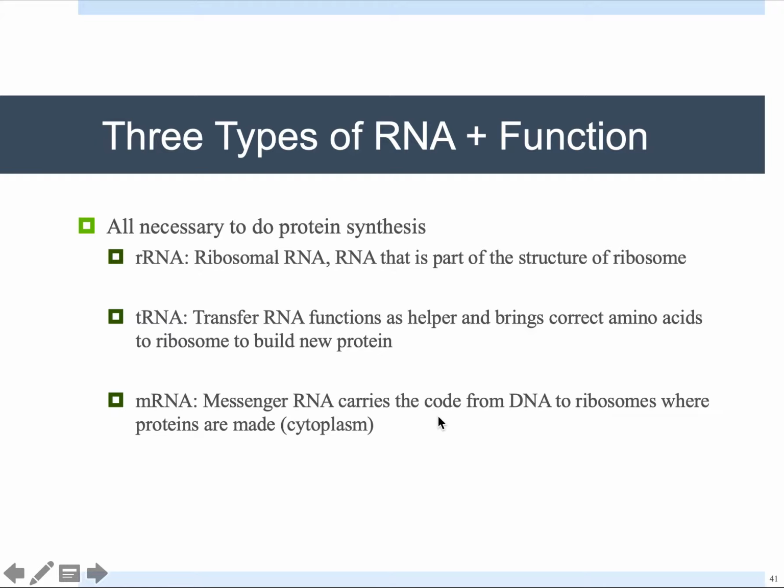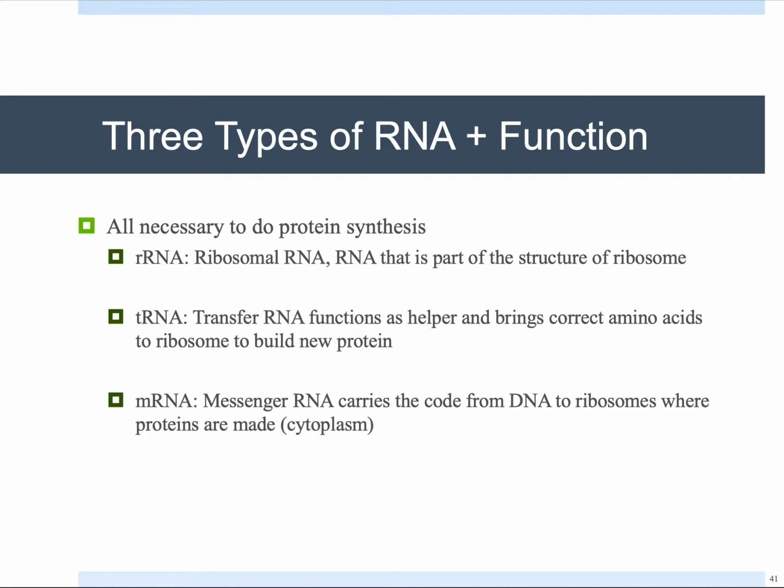There are 3 types of RNA, and the types are based on the different roles that they play in protein synthesis. So there is rRNA, or ribosomal RNA, that plays a part in the structure of the ribosome itself, which is the site of protein synthesis.